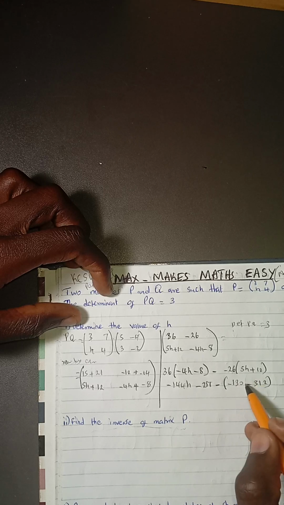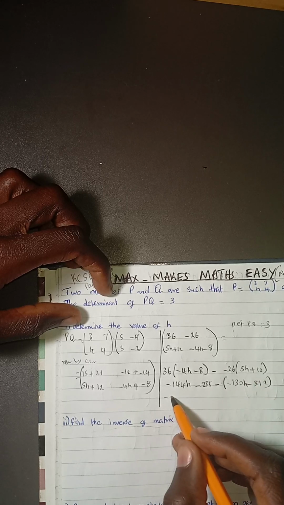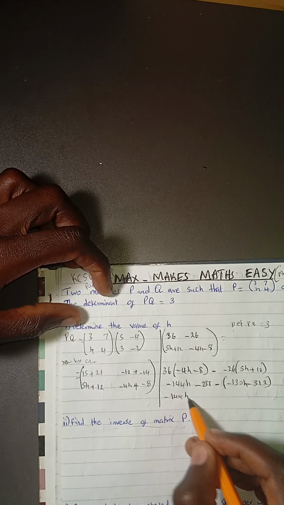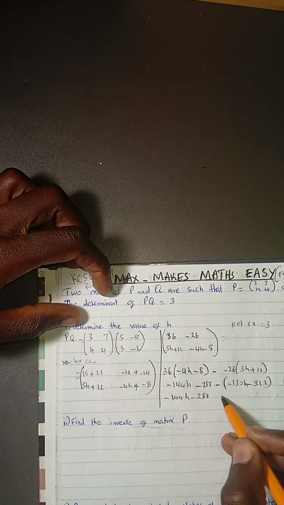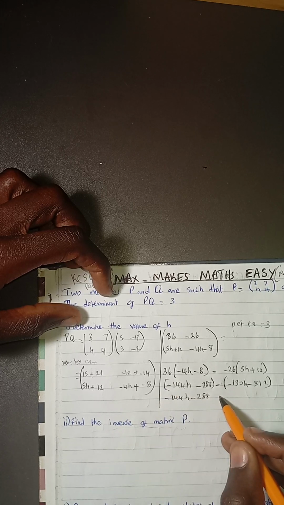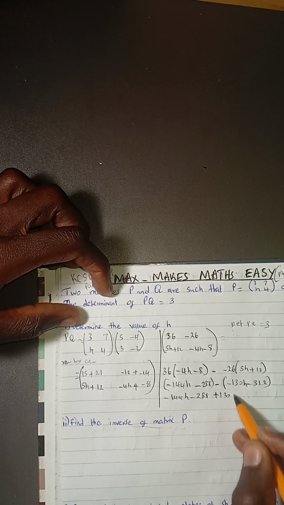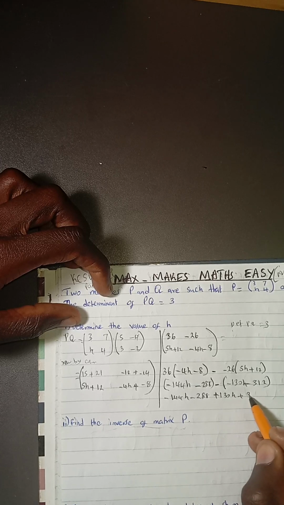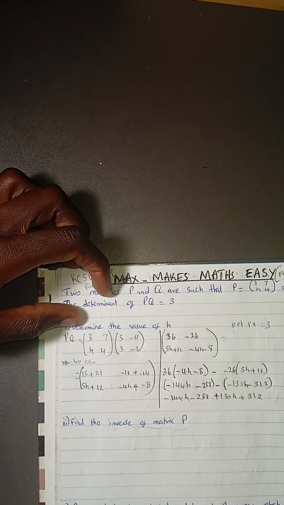So it will be -144h minus 288, plus 130h plus 312.